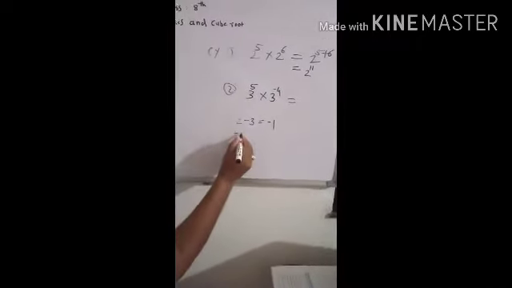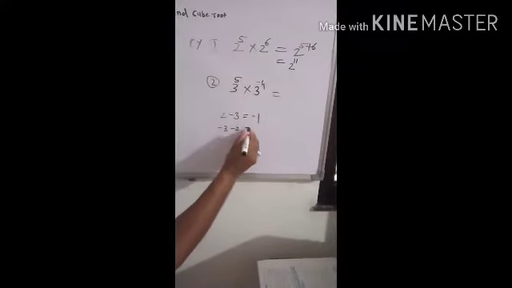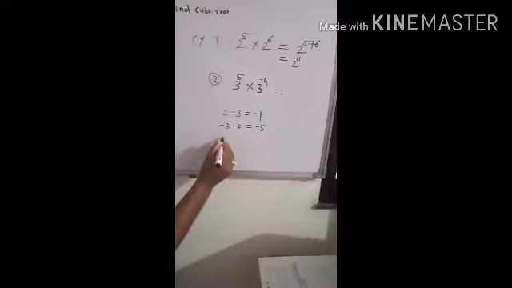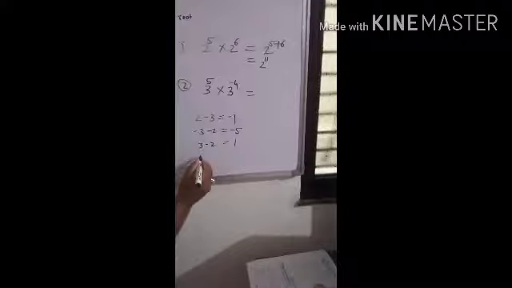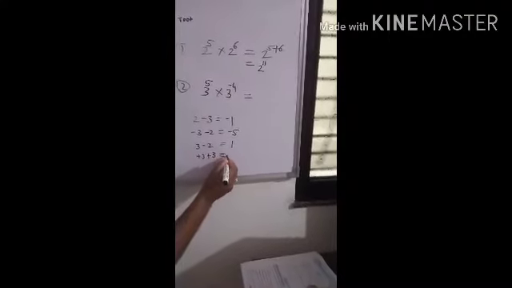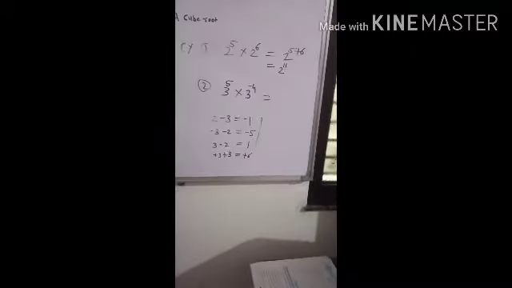When there is a minus 3 minus 2, we will get minus 5. When there is a 3 minus 2, we will get 1. When plus 3 and plus 3, it is equal to plus 6. These are the rules of addition with the sign.